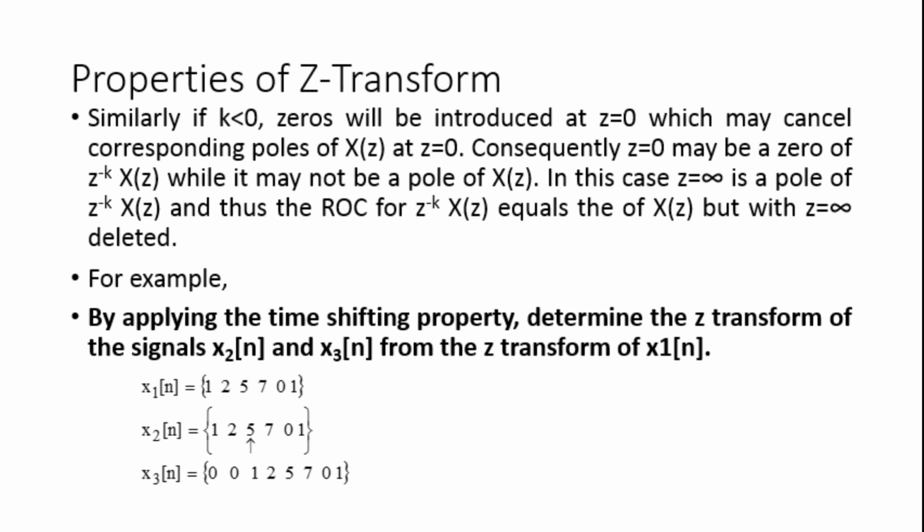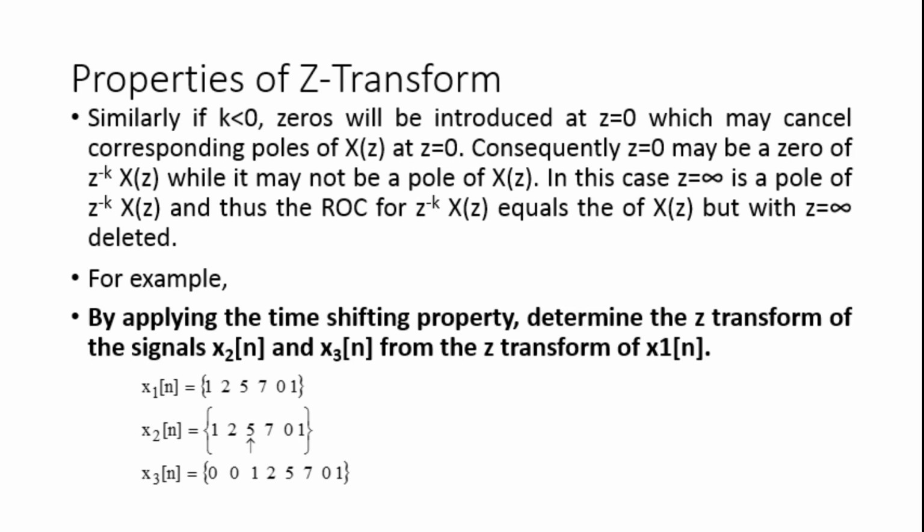Similarly, if k is less than 0, zeros will be introduced at z equal to 0, which may cancel corresponding poles of X of z at z equal to 0. Consequently, z equal to 0 may be a zero of z to the power minus k into X of z, while it may not be a pole of X of z.